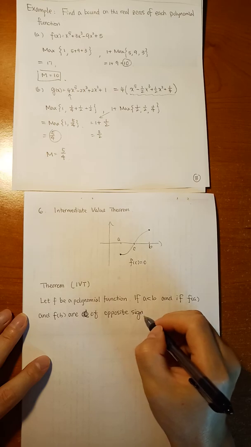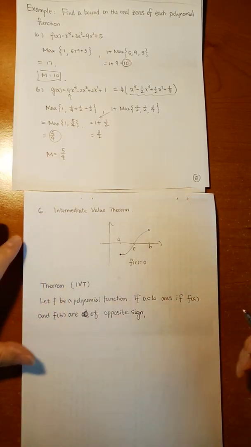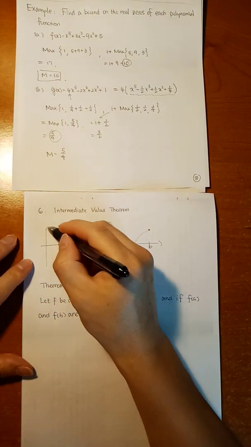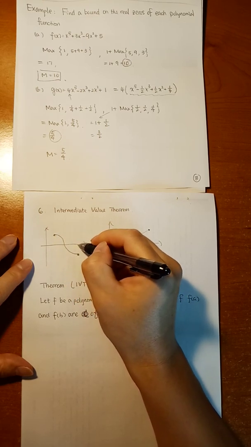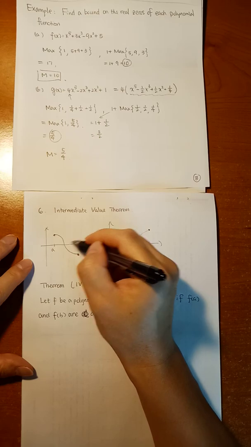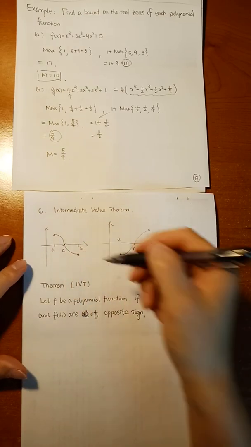So one is positive and the other is negative, or one is negative and the other is positive. It doesn't matter. You always cross the x-axis.